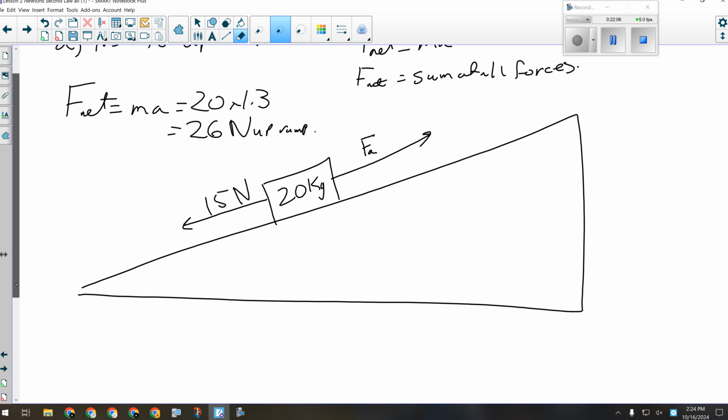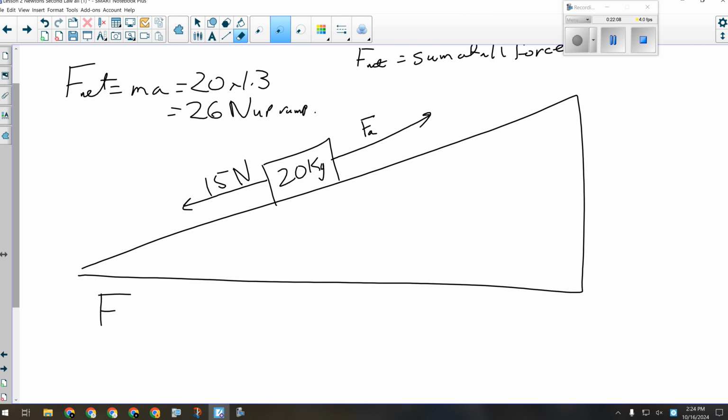So what we're really saying here is this. F net equals the force applied plus negative 15 newtons. Because the force applied is up, and the force down is down. Well, 15 newtons is down. Okay, so now when I want to solve for F applied, I'm going to subtract negative 15 newtons.